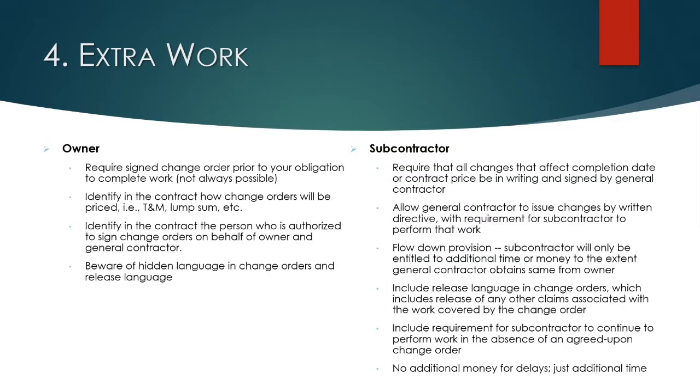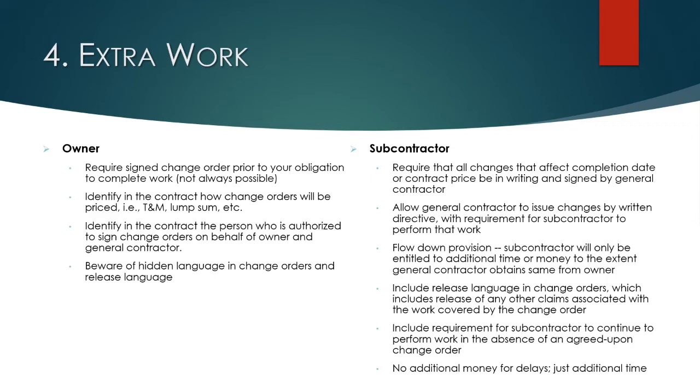So when it comes to the owner side of this extra work, there's probably going to be something in the contract that requires a signed change order prior to completing the work. And there should be something in the subcontract that has similar language, that the parties are required to both sign and agree to what's in this mini contract, because that's what we're talking about.